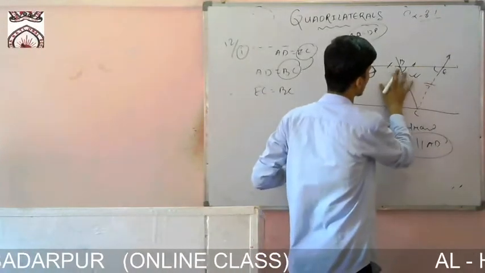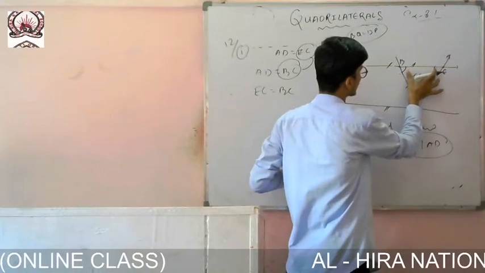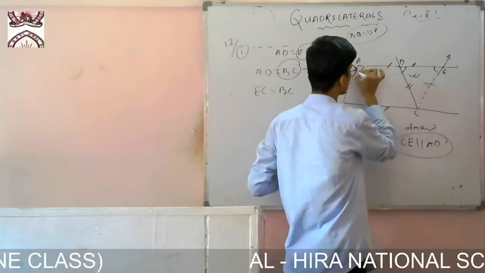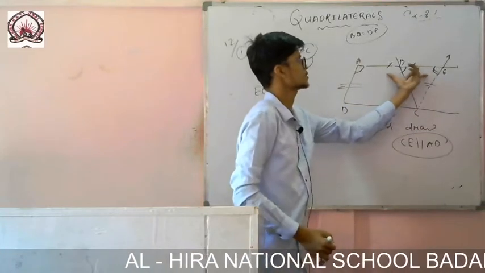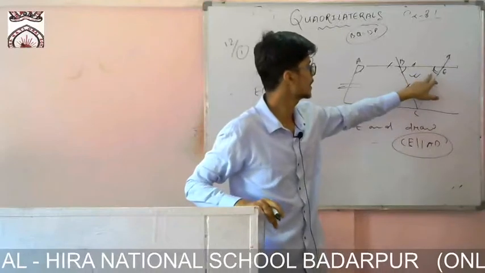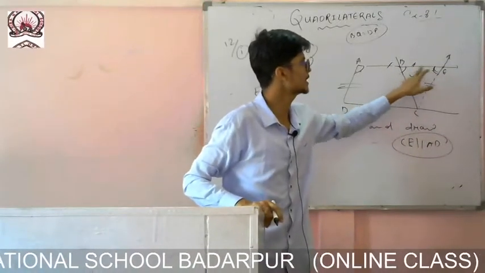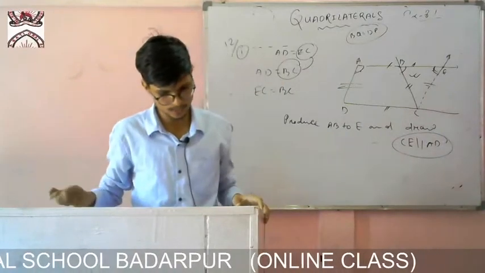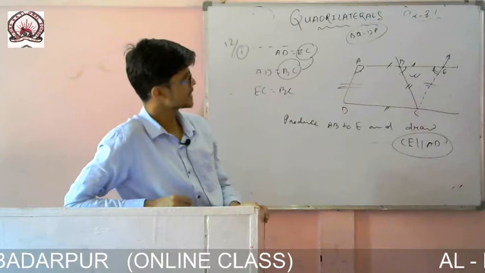Okay, what I have done: first I have shown that these two are equal, and after that I will show that this one and this one, since this is a parallelogram, these two angles will also be equal. So if this one and this one are equal, and these two are equal, I can write that angle CBE will be equal to angle CEB.